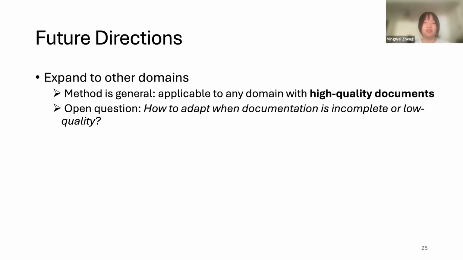So we would like to see how the current tool can be directly applied to these domains with high-quality documents. Another open challenge is how to adapt this tool when the documentation is incomplete or of low quality. This is an open question that I currently have no direct answer to.